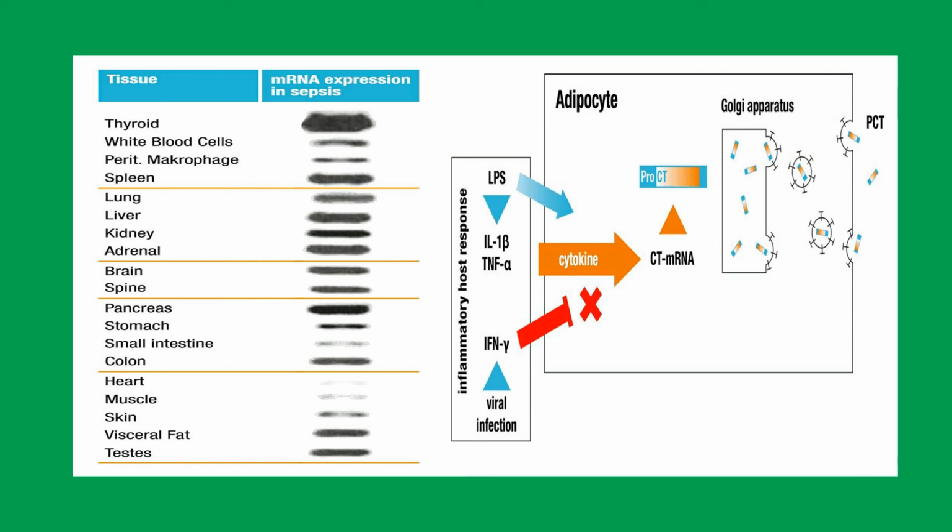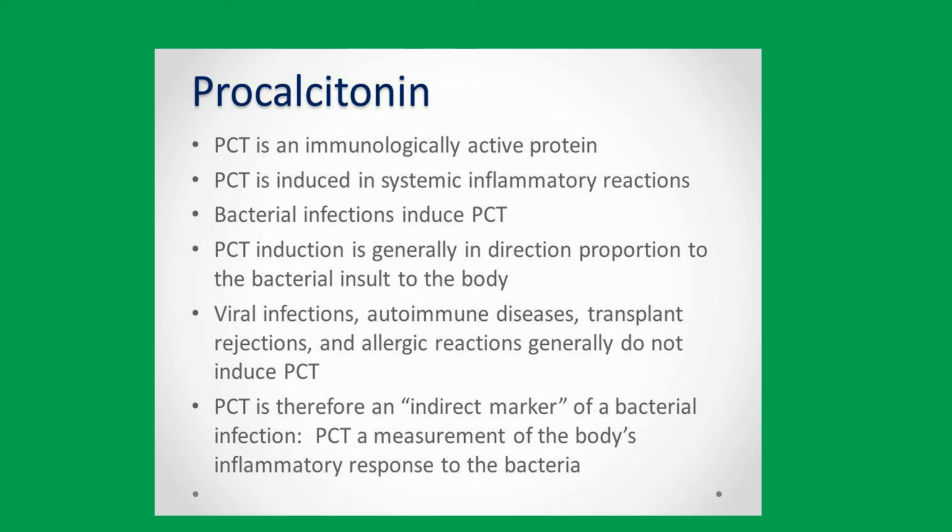While in viral infection, during the innate immunity, the most important cytokines are your interferons, which do not lead to elevation or stimulation of the cytokines involved in the release of procalcitonin. In a nutshell, your procalcitonin is an immunologically active protein and is induced in systemic inflammatory reaction.